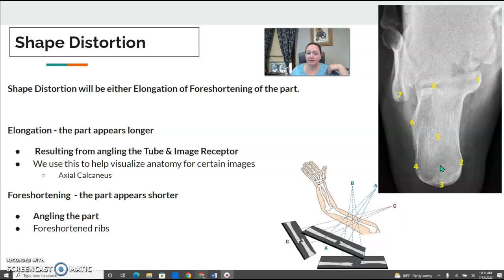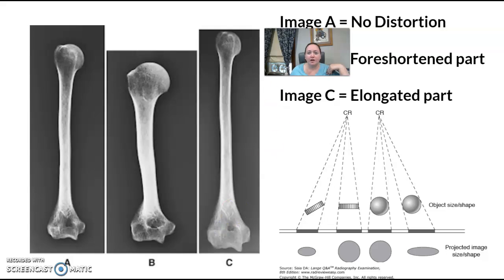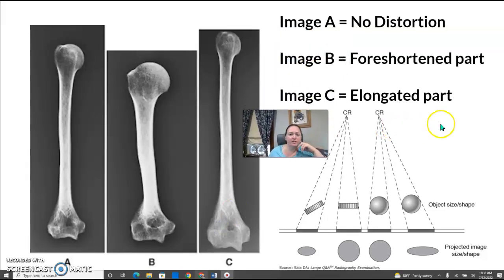It's not always an error. Foreshortening is when the part is shorter, and this is when the part is angled away from the image receptor. So this was just an example image to show you that A is no distortion, B would be a foreshortening of that part. See how wider and larger it appears, and then C is an elongation of that part, making it longer, thinner, a bit distorted.